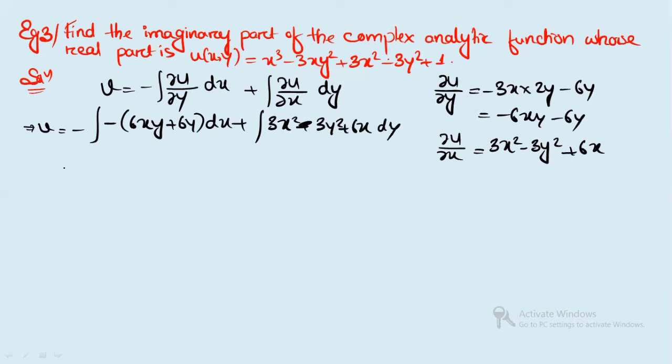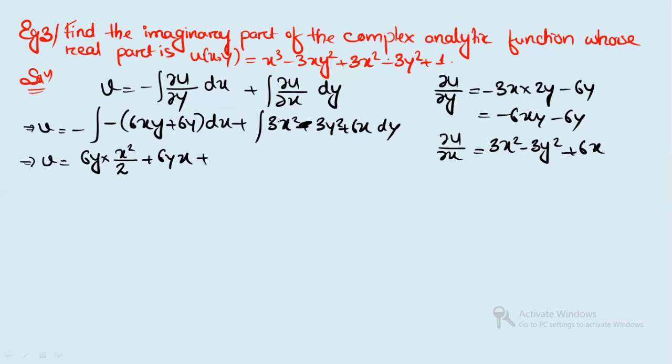This will become positive, minus and minus. Now you have to just integrate. 6y is constant, and x on integration will give you x square by 2. Again 6y is constant, and here you will have only x.